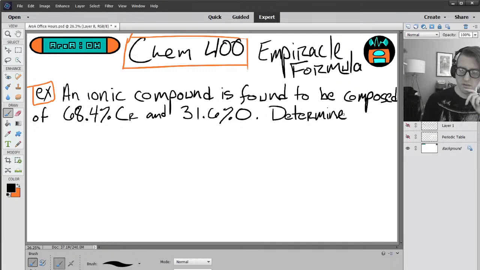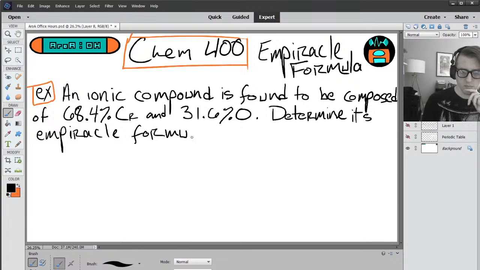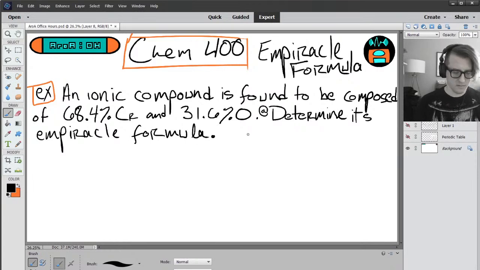Determine its empirical formula. All right, and this would be like a part A, and then once we have the empirical formula, I'll write the portion of the question that deals with the molecular formula. But we always got to start with empirical.